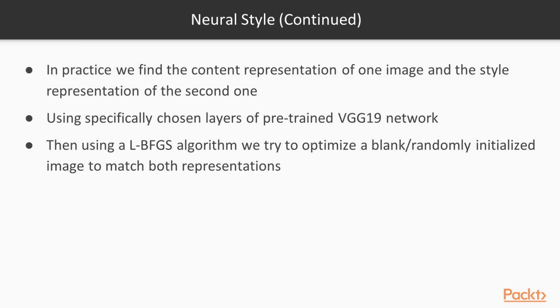To get the best results with neural style, the first image has to have distinct content that we can recognize. You've seen the examples of what we can get with a building, or a series of buildings, where you can see the clear structure, lines and edges that we can recognize.